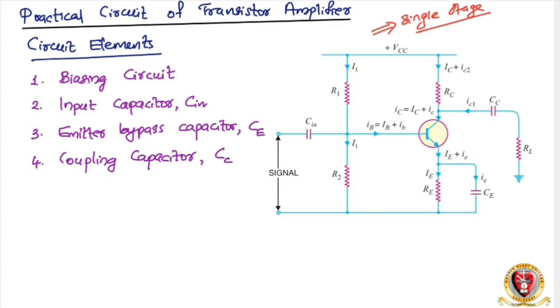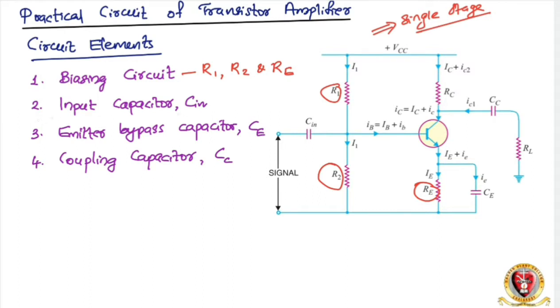First one is the biasing circuit. So the resistances R1, R2 and RE form the biasing circuit. So the biasing circuit is formed using the resistors R1, R2 and RE. So it is the first circuit element.